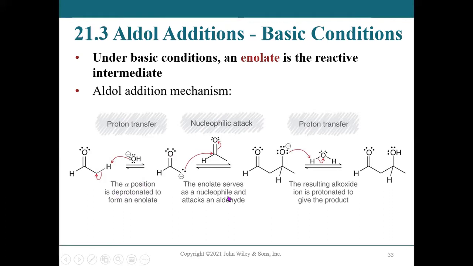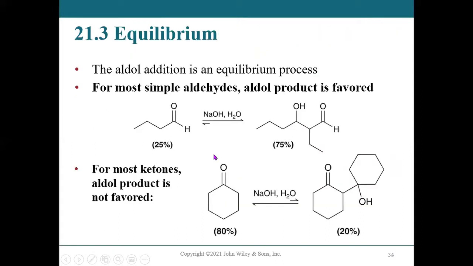The enolate serves as a nucleophile and attacks the other aldehyde and pushes the double bond onto the oxygen, producing this alkoxide ion. Then this resulting alkoxide ion is protonated to give the product. So therefore, this OH in this product is at the beta location, but actually this OH comes from this carbon. This carbon was this carbon, the carbonyl carbon.